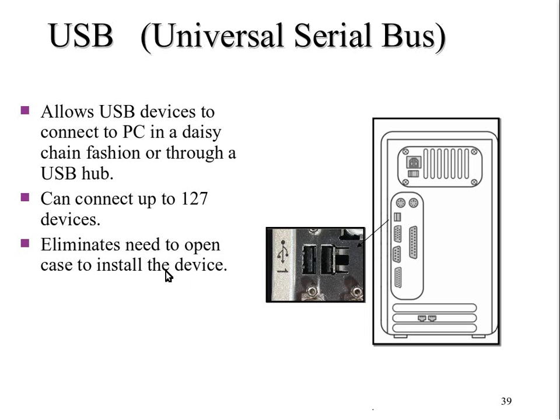What kind of things use USB? Oh, there's just all kinds of things you can use USB with. I already mentioned keyboards and mice, but you can connect up scanners and printers. You can connect up sound devices. You can connect up plotters, microphones.